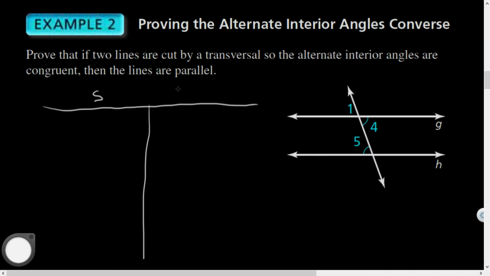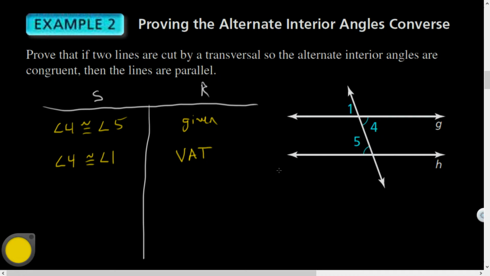All right, let me draw my little two-column proof with my S's and my R's, my statements and my reasons. The gimme is this. Angle 4 is congruent to angle 5, is what was given to me. Given. Someone tell me what else is true. Vertical angles theorem.